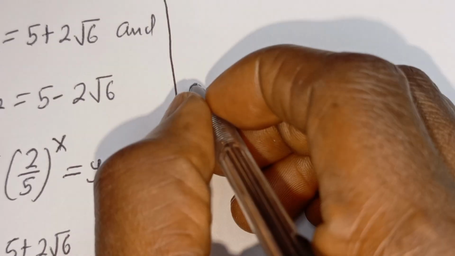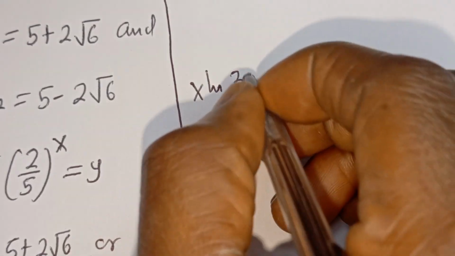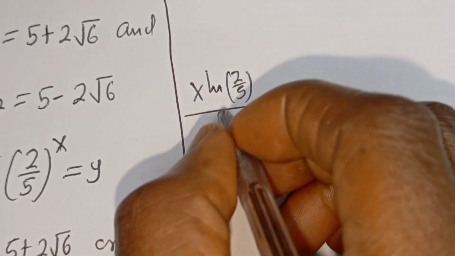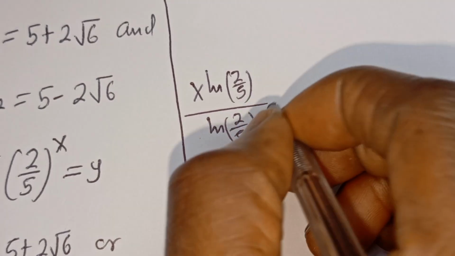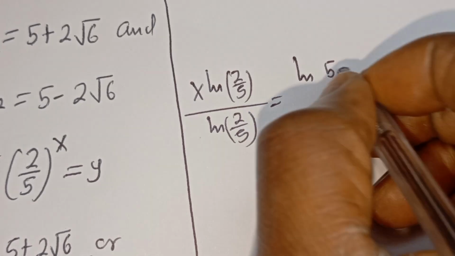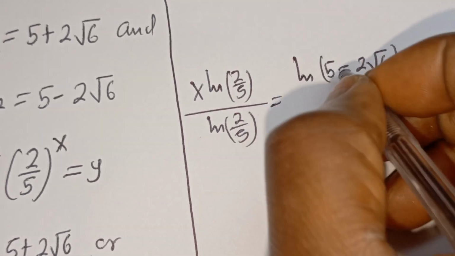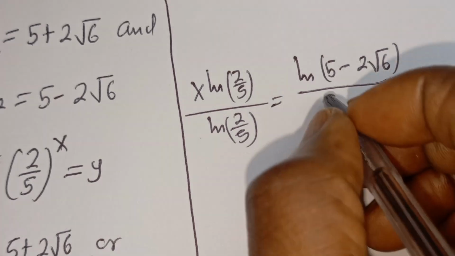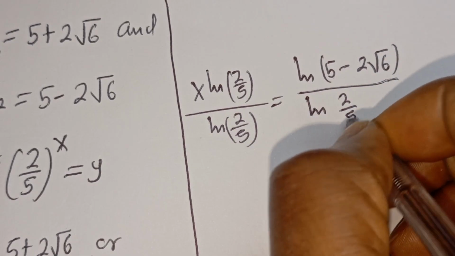Then we can divide both sides by ln of 2 divided by 5. We have x ln of 2 divided by 5 divided by ln of 2 divided by 5 is equal to ln of 5 minus 2 root 6 divided by ln of 2 divided by 5.